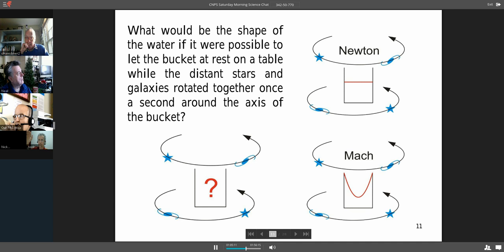You begin with the water at rest relative to the ground, and then, in a Gedanken experiment, the bucket is at rest and Superman goes there and spins the whole universe, stars and galaxies, once a second around the bucket. If Mach's idea is correct, there will be an induction, because this will create a curvature in the water. There will be this effect.